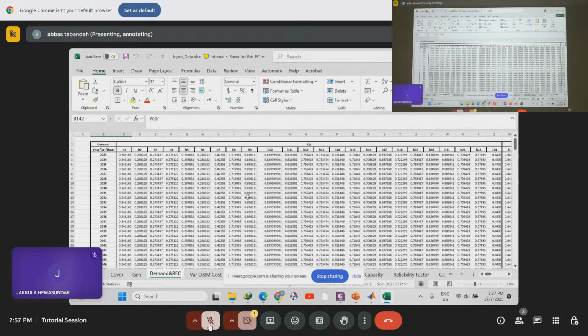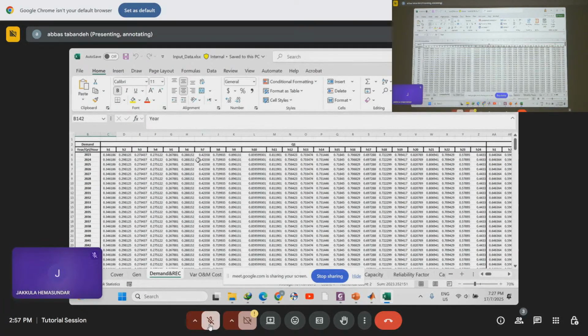And we want to do the analysis on a quarterly basis. So we need to define 4 quarters, quarter 1 or season 1, which includes 24 hours. We consider 1 day or 24 hours as a representative of other days in the first quarter.